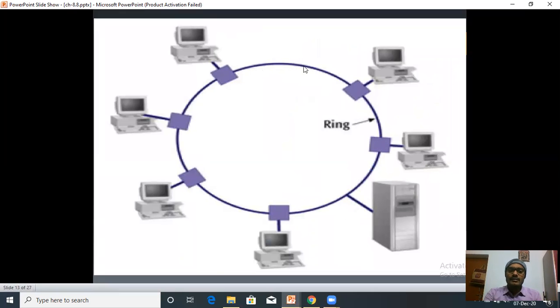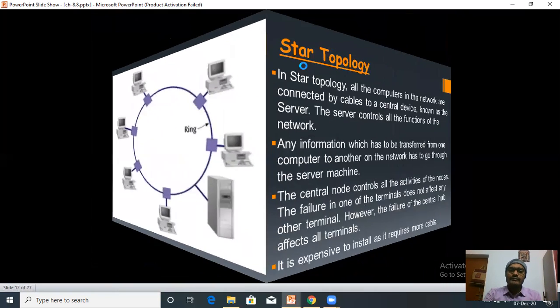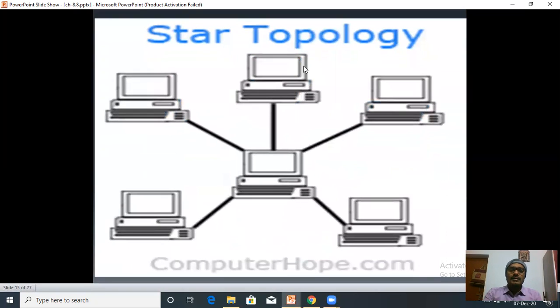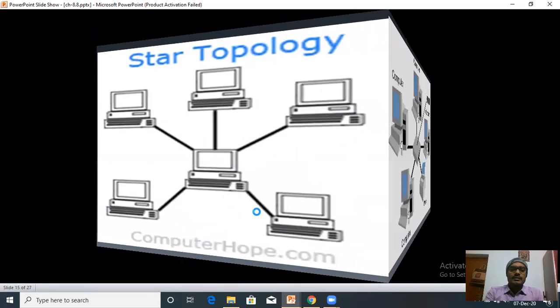If it breaks, then all the systems are interrupted. Then coming to star topology, if you have this type of network, it is known as a star topology, in which the middle computer is known as the server and all the clients are attached to the main server. This is the middle server computer.